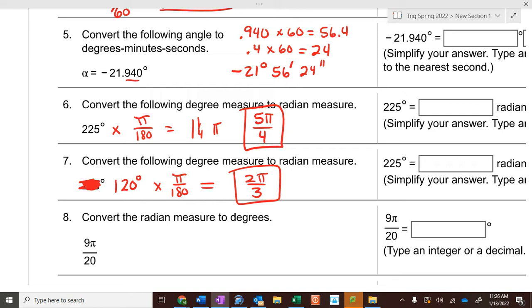Well, yes, in fact, dividing by pi over 180 works, but when you divide by a fraction, you multiply by its reciprocal. So multiply by 180 over pi. The pi's cancel. 180 over 20 is 9. 9 times 9 is 81 degrees.